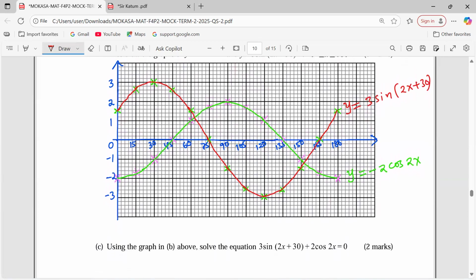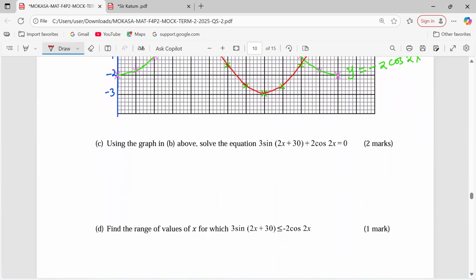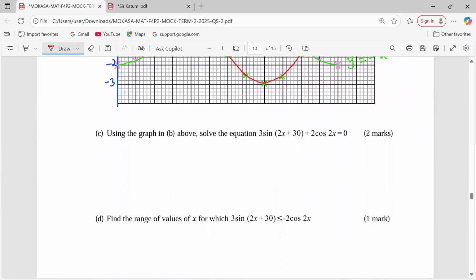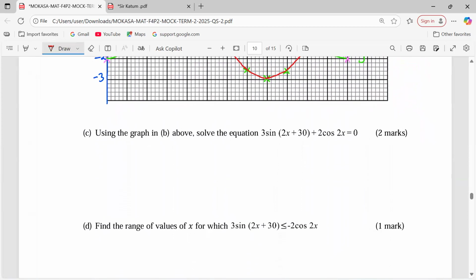Now we have a part C, where we are told to use the graph above to solve the equation 3 sine of (2x plus 30) plus 2 cosine 2x equals 0.